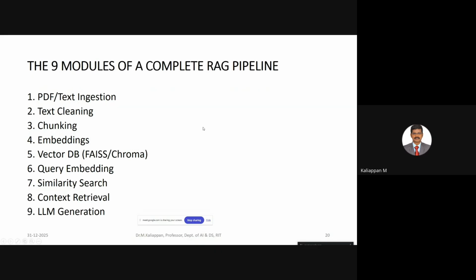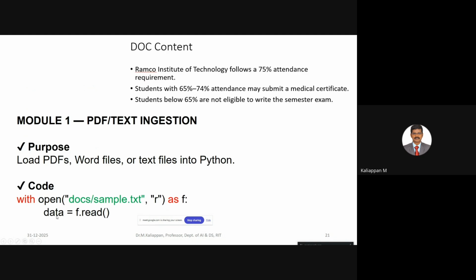So now RAG has 9 modules to generate the required answer or document. First PDF or text ingestion, then text cleaning, chunking, embedding, vector DB, query embedding, similarity check, context retrieval, LLM generation.